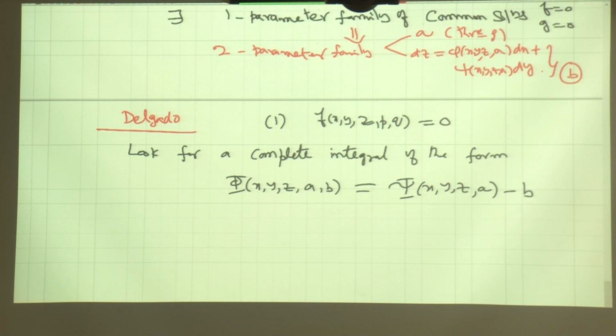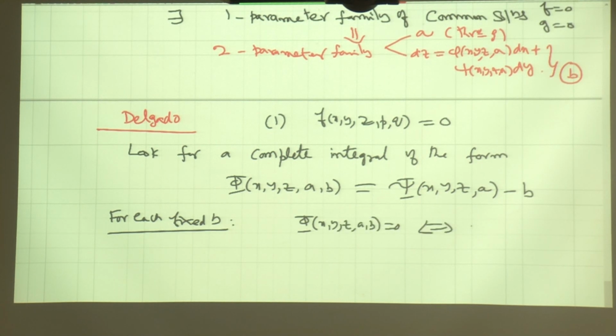So I have decided I am going to look in this form. So for each fixed b, what happens? Phi equal to 0 if psi equal to b.